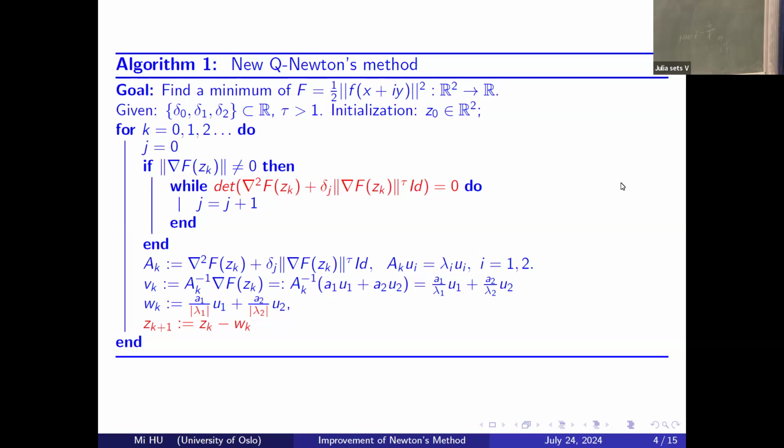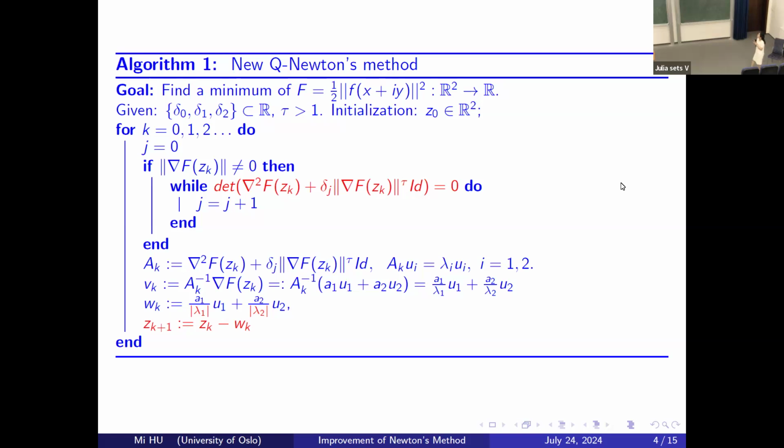So what to do is, here they add a little bit of a term so that your Hessian is invertible. Okay, but then there's another problem: sometimes your Hessian might have some negative and some positive eigenvalues, so then you might meet some saddle point.